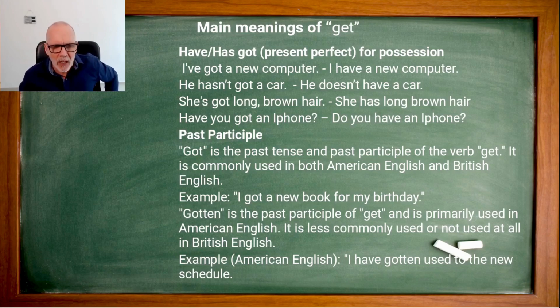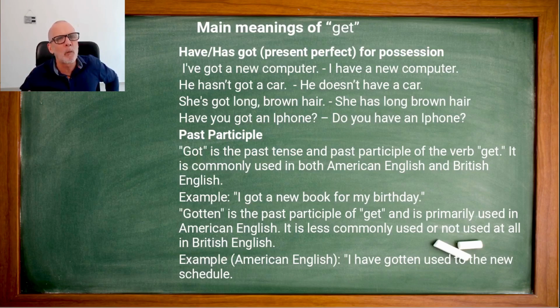So the past of get is got, and there are two past participles, got and gotten. Gotten is more common in American English. Normally they're interchangeable, but not always. For example, above here we saw using have got for possession.